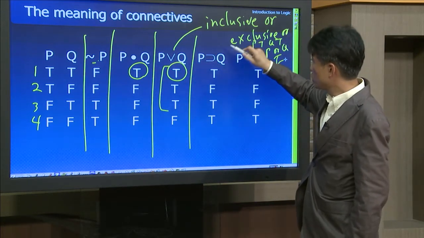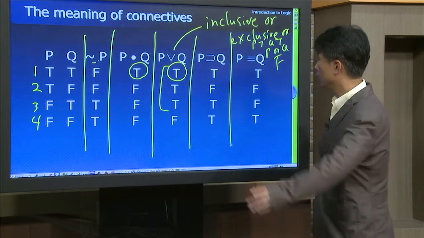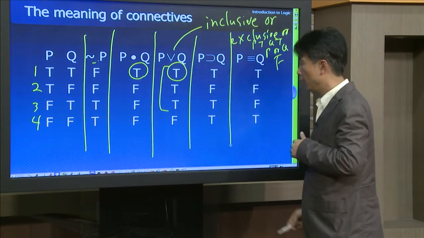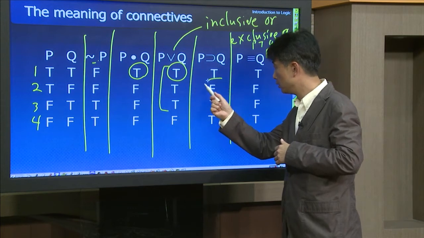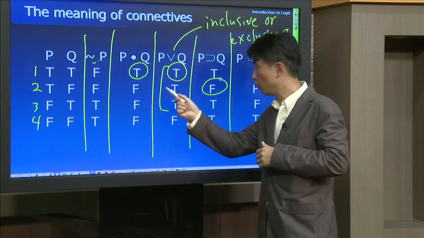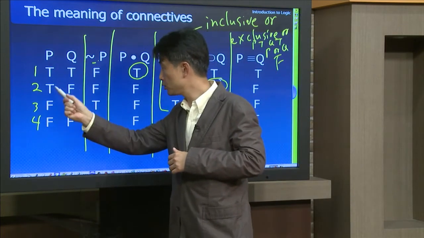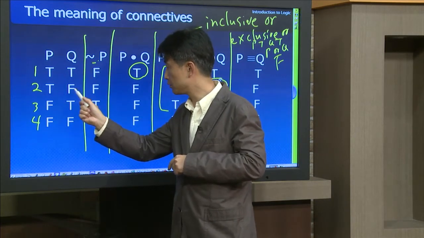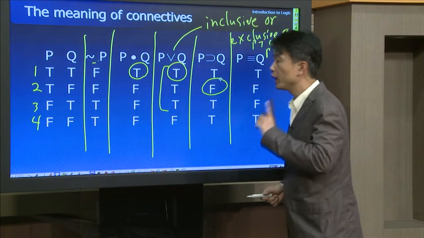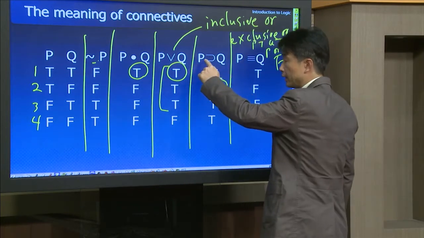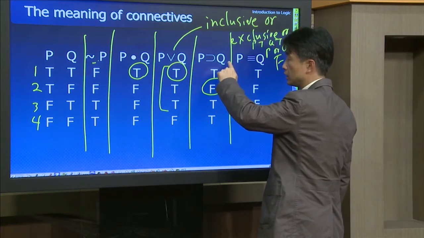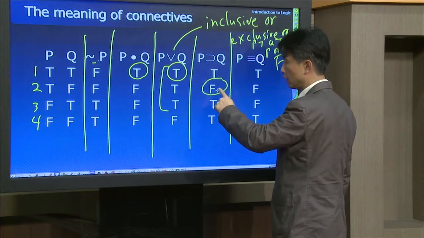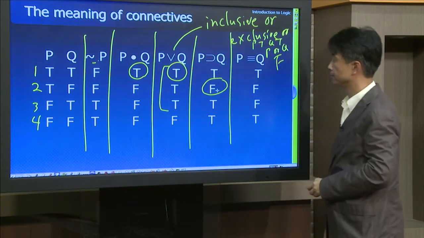P horseshoe Q, that is, if P then Q, is false only when P is true, that is the antecedent is true, and the consequent is false. Only in that case is if P then Q false, otherwise true.